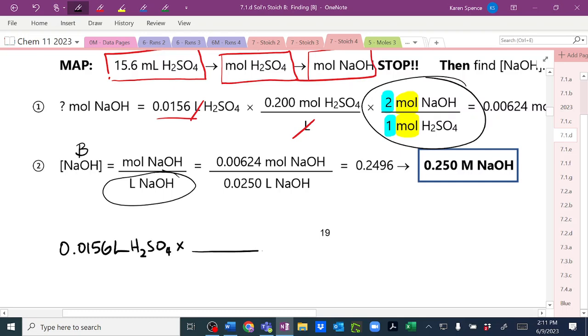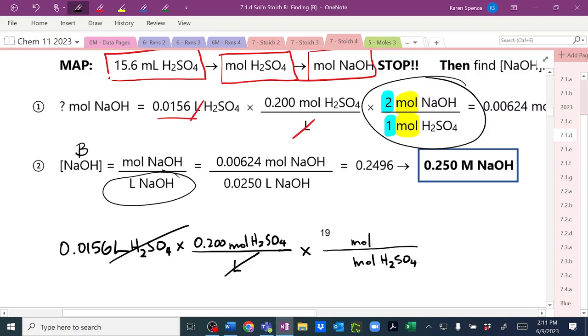I'm going to cancel my liters and find moles of H2SO4, and I know that number was given in the question, 0.200. Nice. Now, I still am going to convert to moles of NaOH, so cancel the moles of H2SO4, find the moles of NaOH, that is a 2-to-1 ratio. Nothing different so far, right?